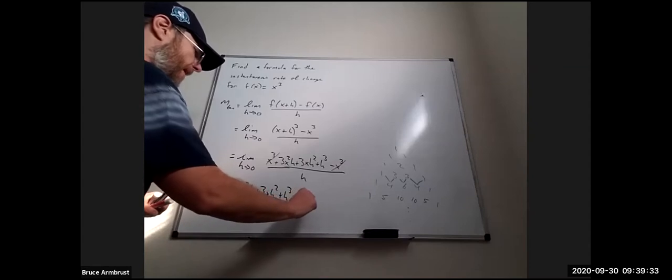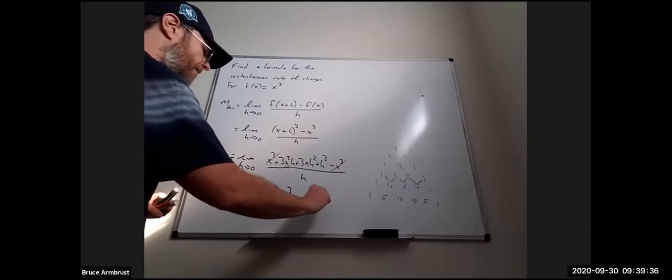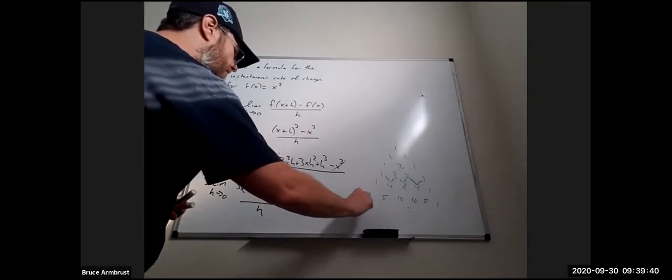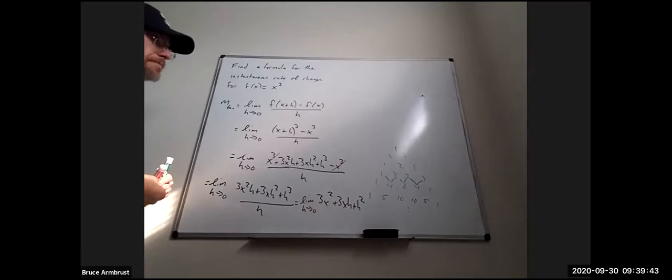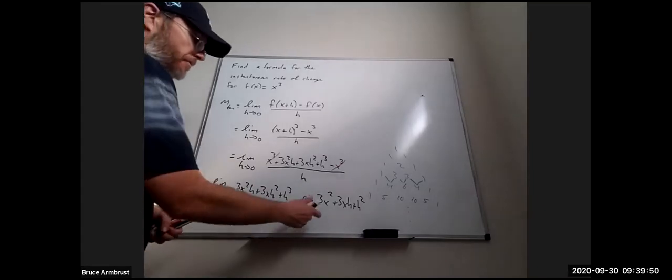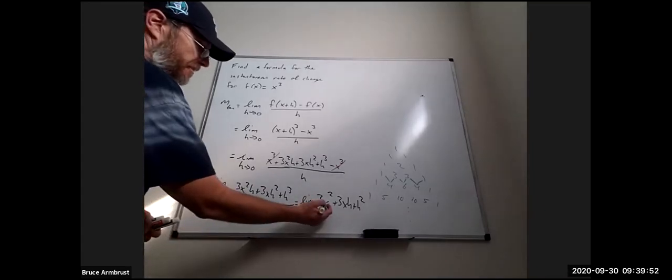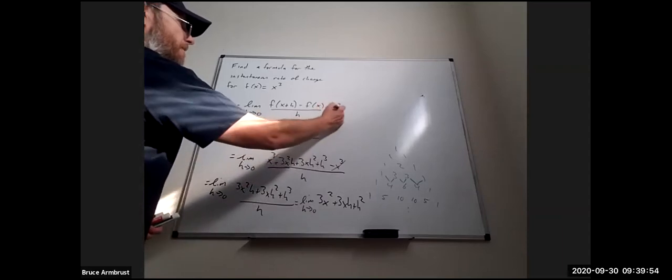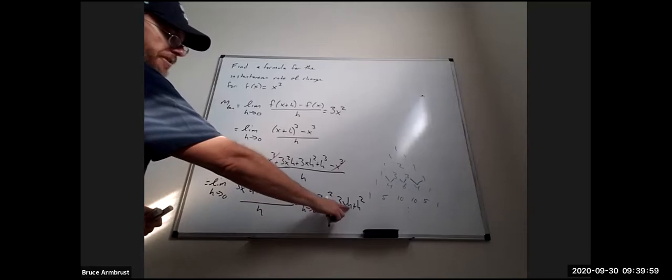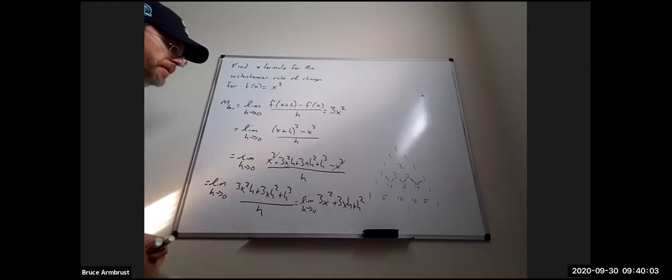So we get the limit as h goes to 0 of 3x squared plus 3xh plus h squared. And now, if I let h equal 0, my first term is still going to be 3x squared. The second term, when h is 0, goes away: 3 times x times 0 is 0. h squared is also 0.